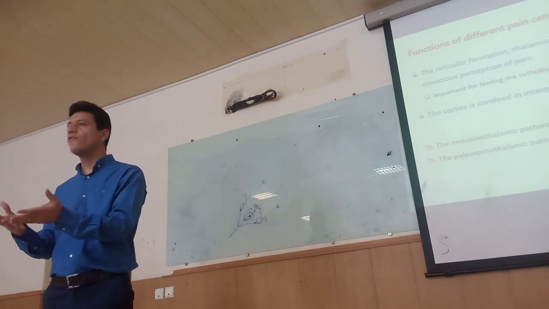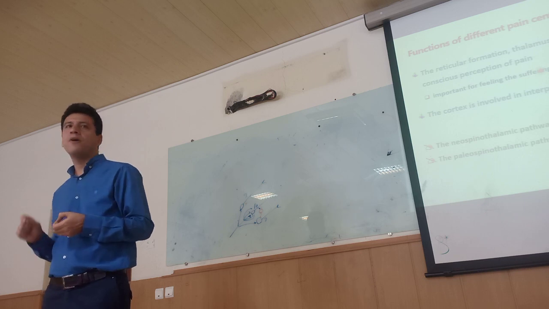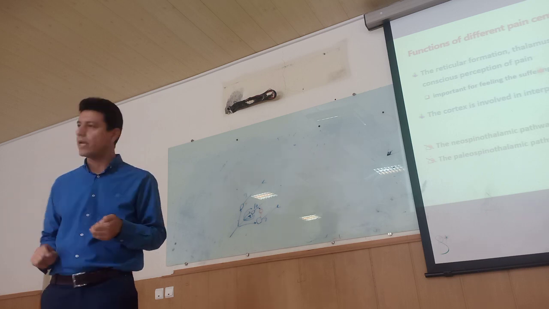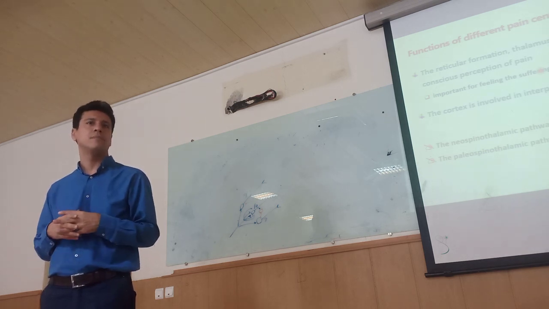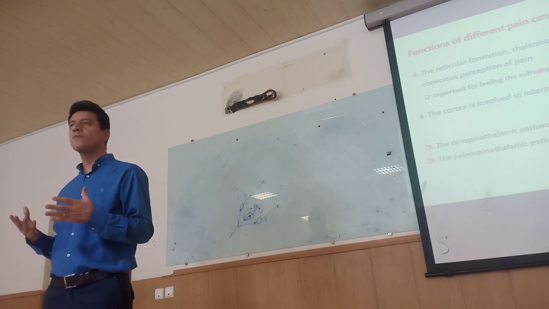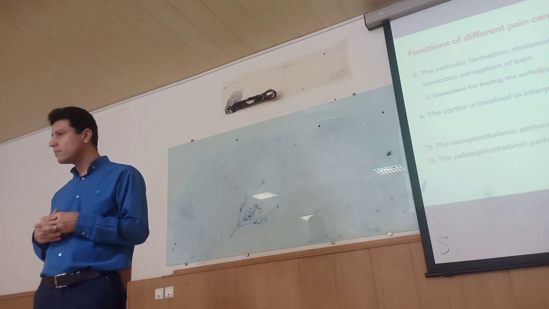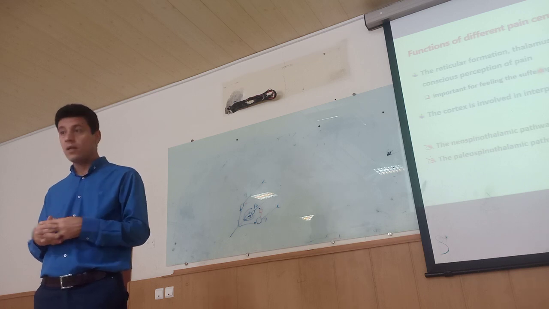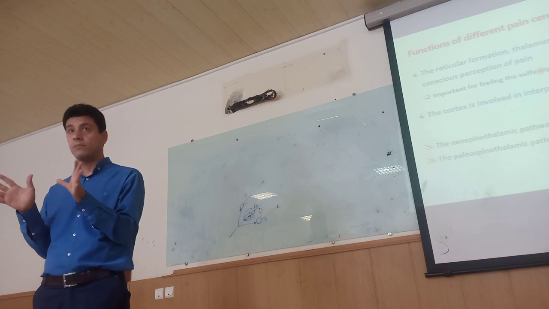After the recovery of the surgery, you bother the animal with a painful stimulation. Okay? The animal senses the pain. The animal feels the pain. What does it mean? It means that for feeling the pain, the cortex is not necessary. Okay? Subcortical areas are enough for feeling the pain.